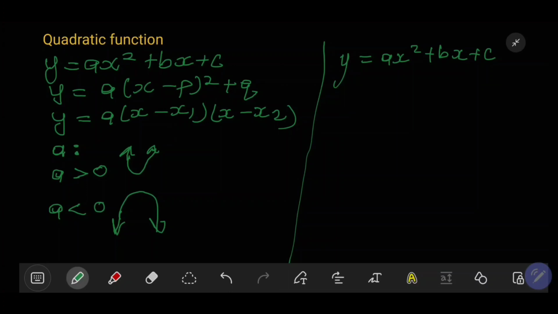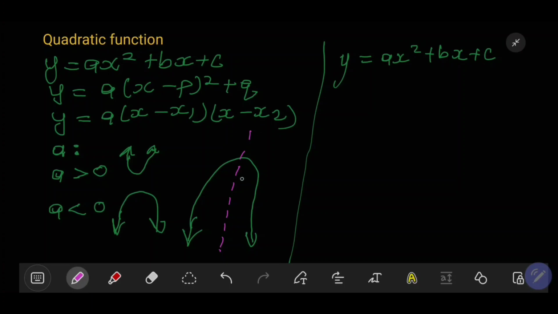Then when we talk about the effect of b, we have to understand that a parabola is symmetrical about its turning point. When we talk of symmetrical, we know that we have to divide the graph into two equal halves. The only way to divide a parabola into two equal halves is about its turning point, where the graph changes direction.